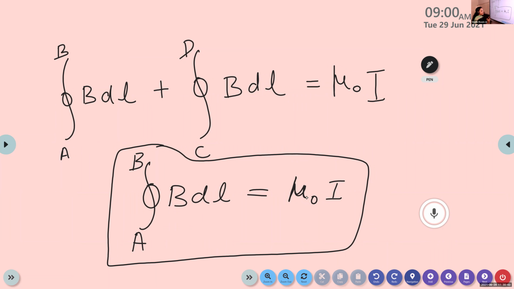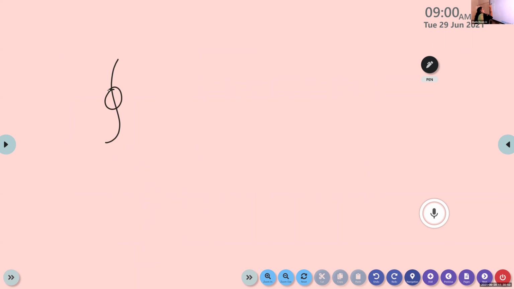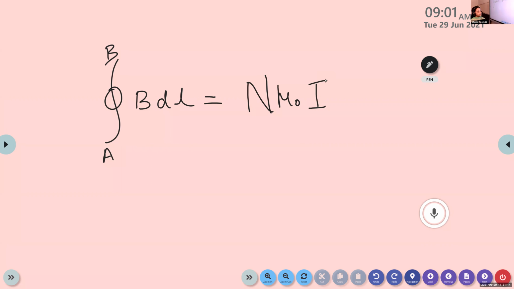Here we consider a solenoid with n number of turns, so the equation becomes closed integral over A to B B dl is equal to n into mu 0 I. Yes, that means we have to multiply by the number of turns. Depending upon the number of turns, we need to multiply it here.